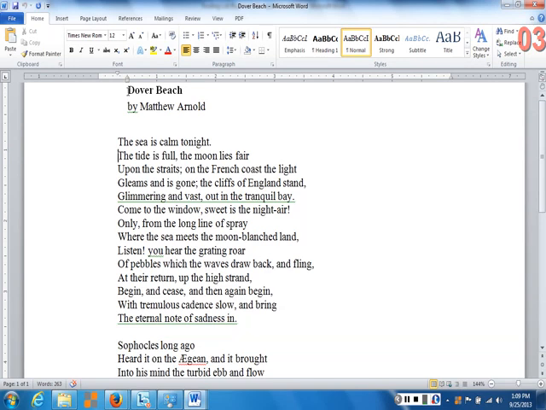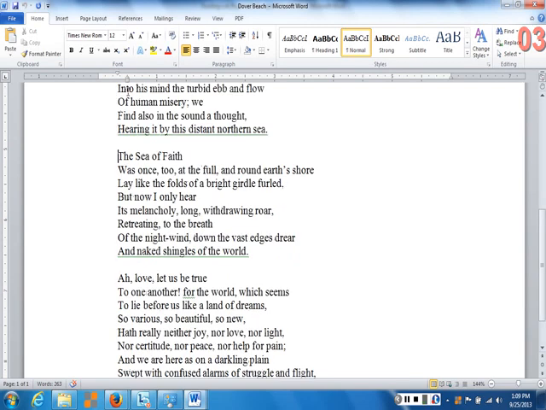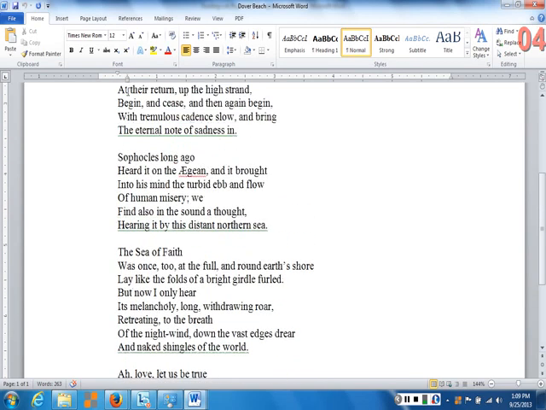Sophocles, long ago, heard it by the Aegean, and it brought into his mind the turbid ebb and flow of human misery. We find also in the sound a thought, hearing it by this distant northern sea.